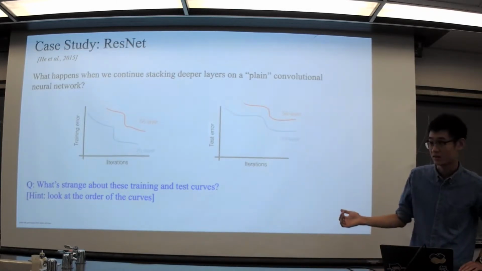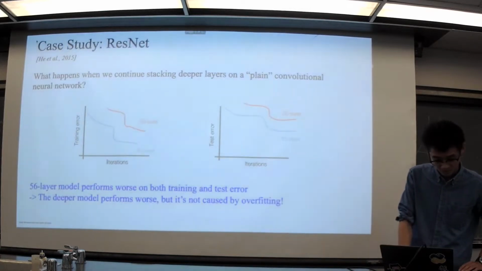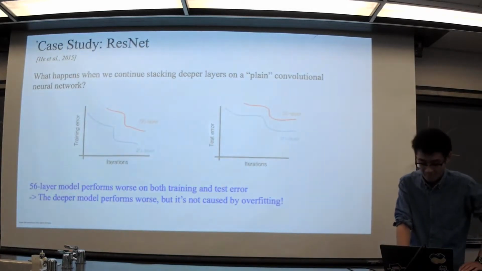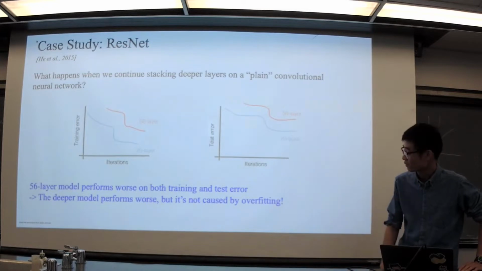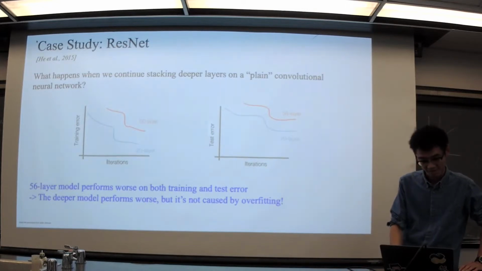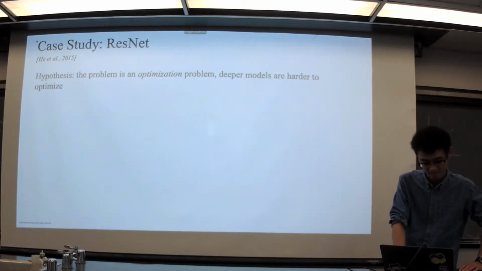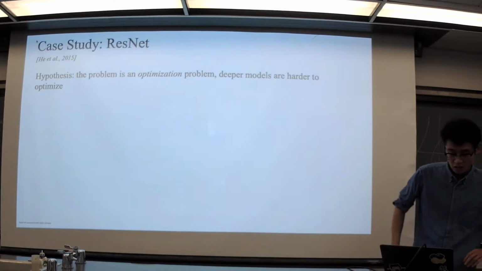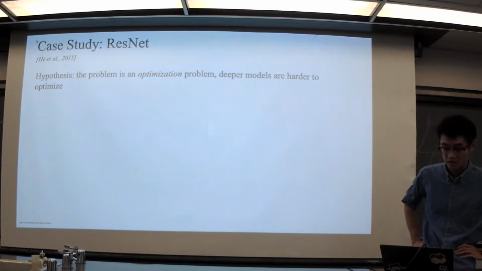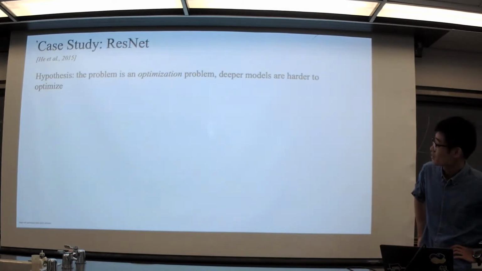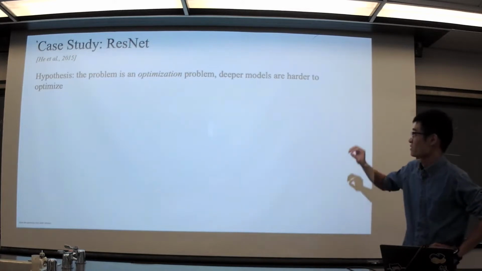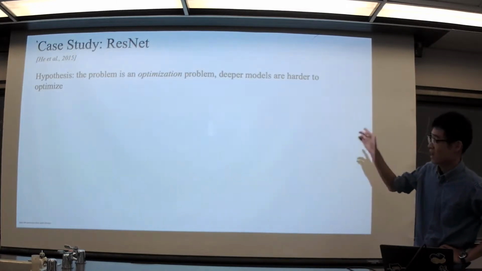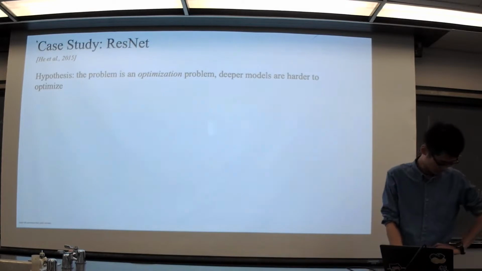But why? As you mentioned, it might cause overfitting. Here's what was mentioned by Kaiming. He gave a hypothesis that the problem is an optimization problem. Deeper models are hard to optimize.